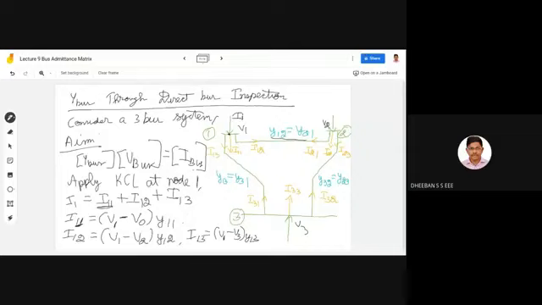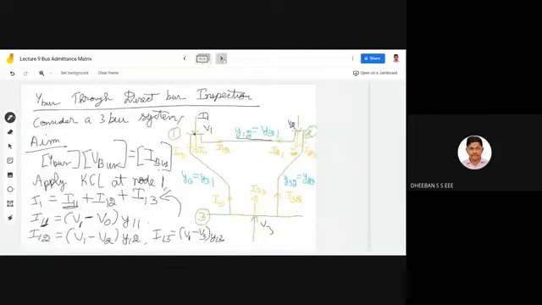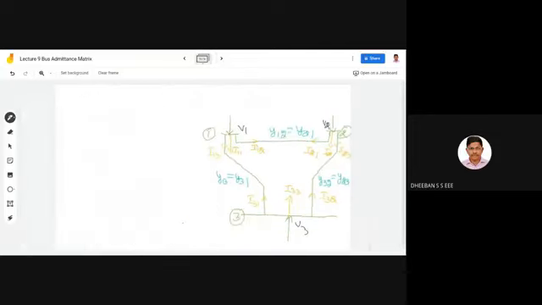Now you have to apply them in the equation. Your I1 will be equal to V1 minus V0 into Y11 plus V1 minus V2 into Y12 plus V1 minus V3 into Y13.